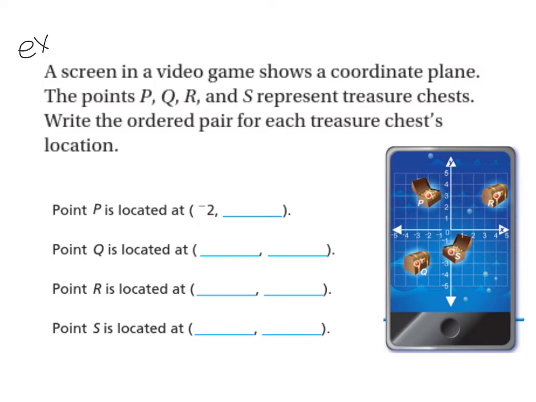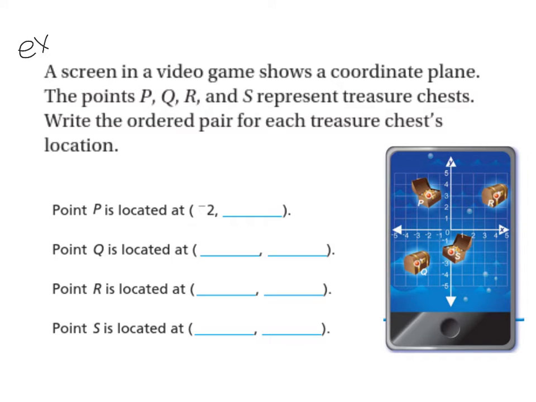So here's my first example problem. A screen in a video game shows a coordinate plane. So here's my little example over here. The points P, can you see the letters on them? Right here, P, Q, R, and S represent treasure chests. Your goal would be to write the ordered pair for each treasure chest location.